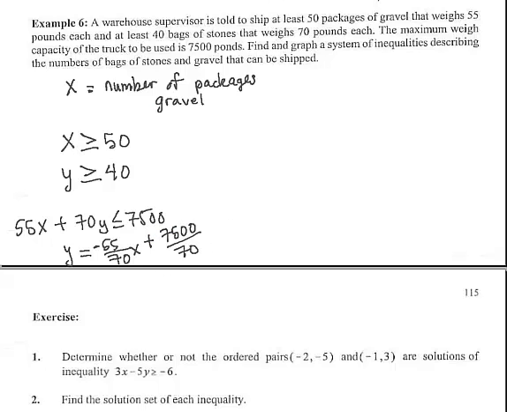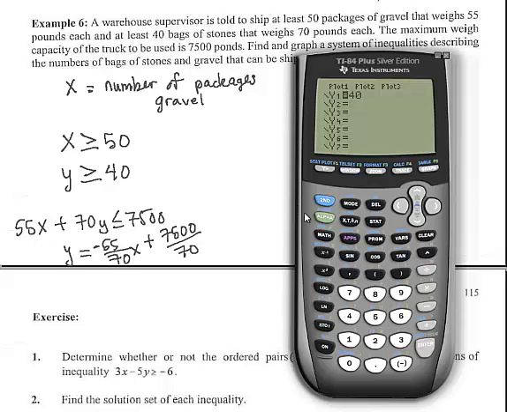So we'll pull our calculator back up. And we'll type in minus 55 divided by 70 x and plus 7,500 divided by 70. Enter.